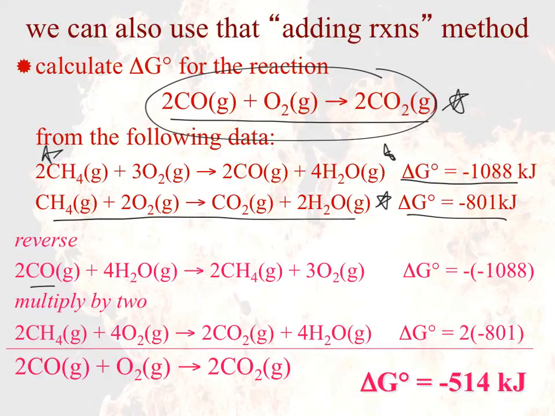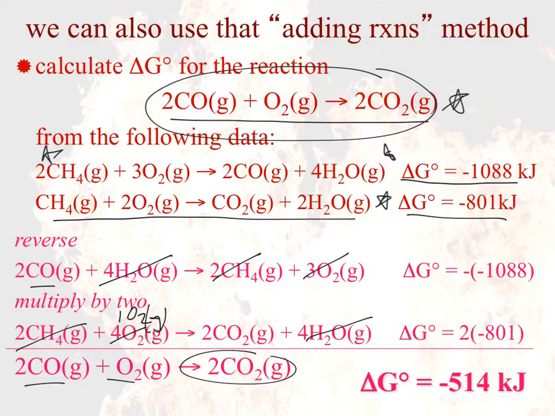So if we go ahead and look at this, what cancels? 4H2O, 4H2O. I have 4 O2 and 3 O2, so I have 1 O2 remaining here. My CH4s, they're going to cancel out. And what I'm left with is 2 COs, 1 oxygen and 2 CO2s.